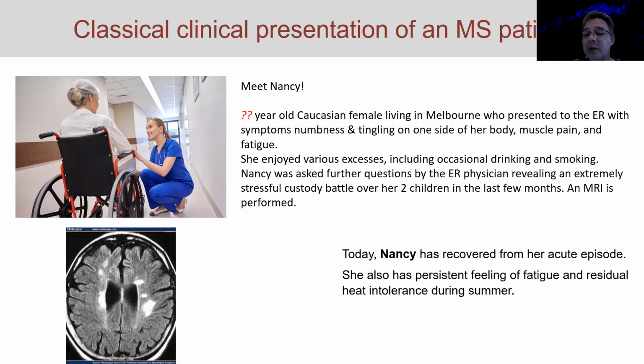An MRI that was performed on Nancy when she presented was showing these white patchy lesions in her brain. So we see coalescing lesions right around the white matter components of her brain, which is resemblant of MS demyelinating lesions or sclerosing lesions.